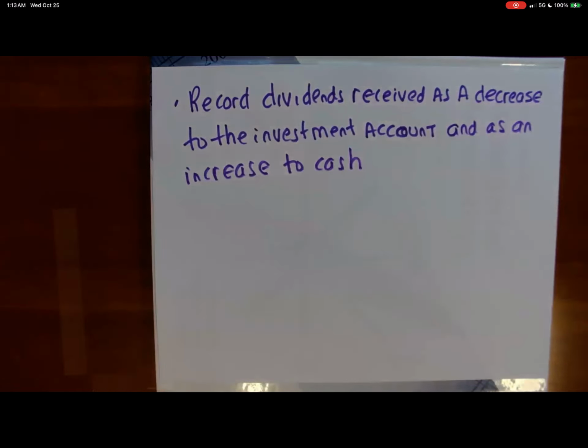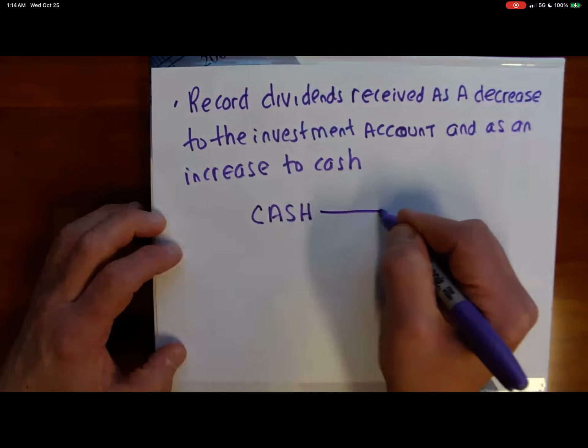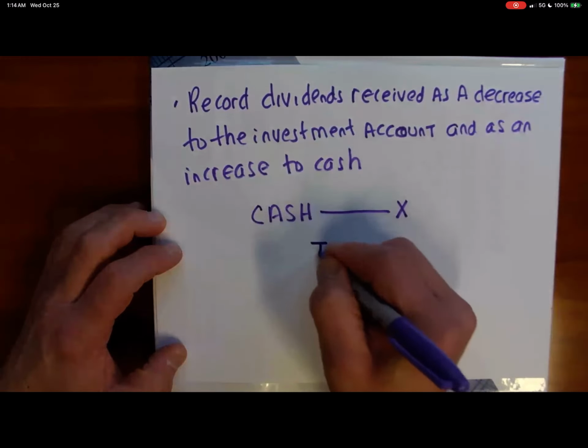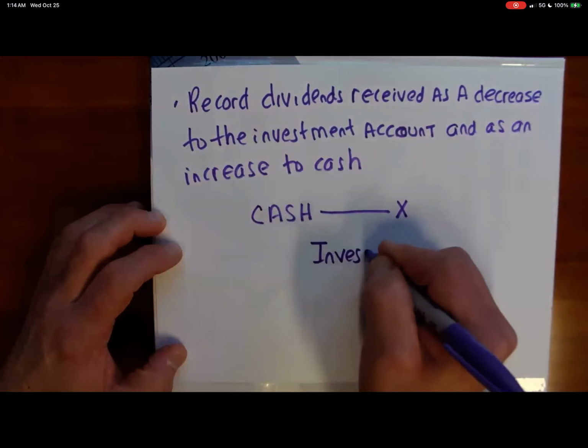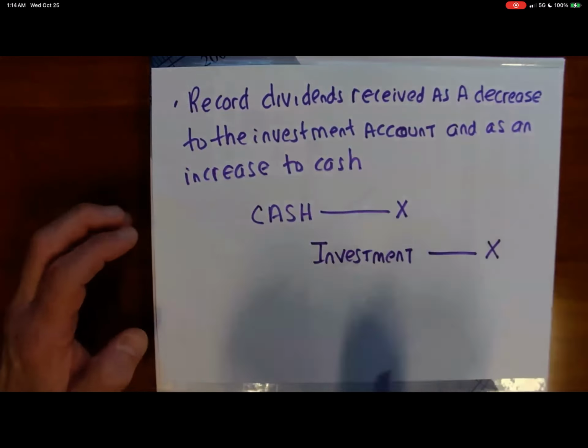Again, let me give you the journal entry. To record dividends received when we own 20% or more, you would debit the cash to increase the cash and credit the investment account to decrease the investment.